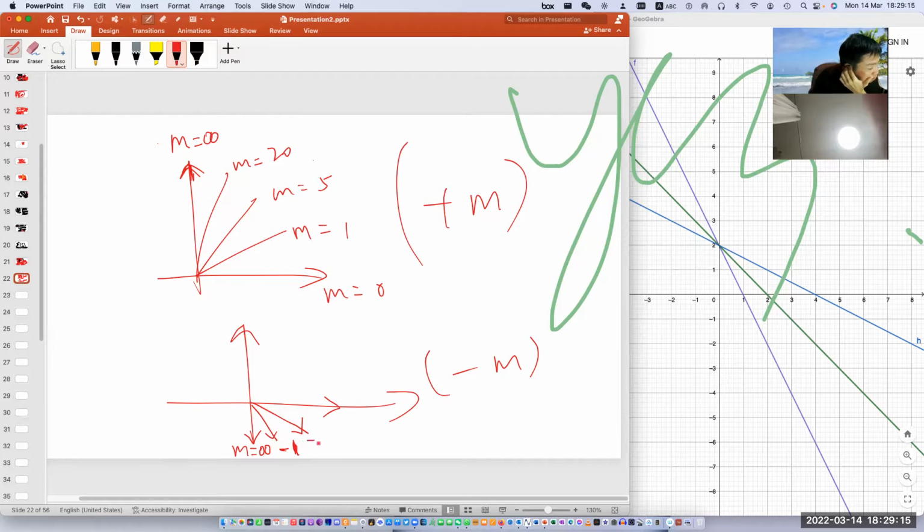This one should be negative 0.5, because this one is very easy to slide down compared to this one. So it has to be less negative, because more negative is easier to slide down. This one will be m equals 0 also. That's how your gradient changes for negative.